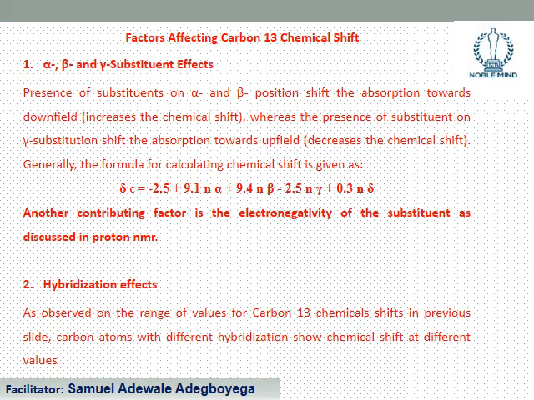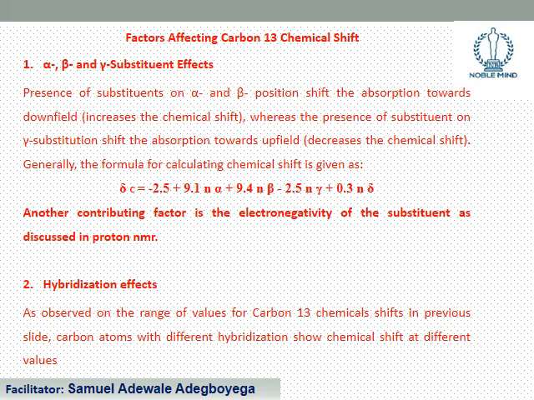The second factor is the hybridization effect. Just from where we defined the types of carbon atoms, where we have the methyl, the methylene, the quaternary, and the likes, you could see that the hybridization of a CH3 is different from that of CH2, which is different from that of CH. So the particular hybridization that a carbon is exhibiting would affect the chemical shift of such carbon.